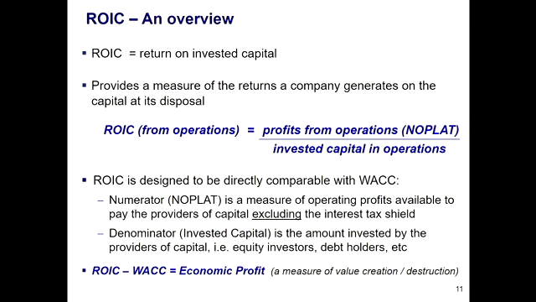Okay, in the next hour, we're going to have a look at how we calculate the important valuation ratio, ROIC. That's the single most important valuation ratio we're going to look at in the course, and we're going to spend a lot of time studying ROIC and investigating the ROIC of Woolies in your assignment as well.